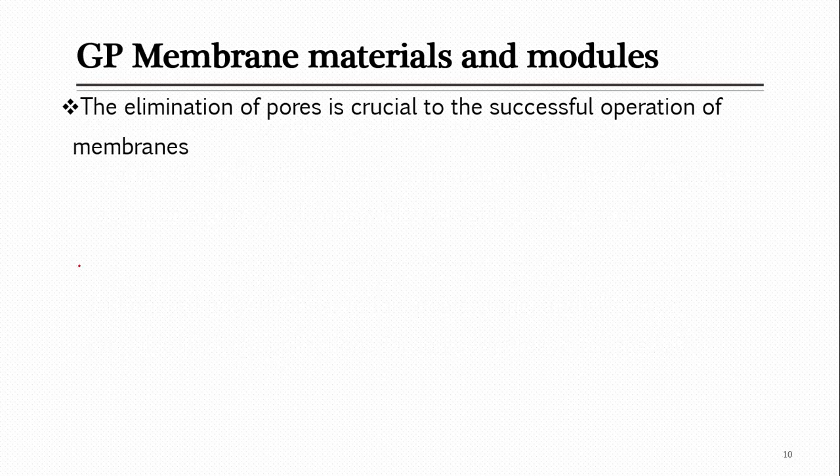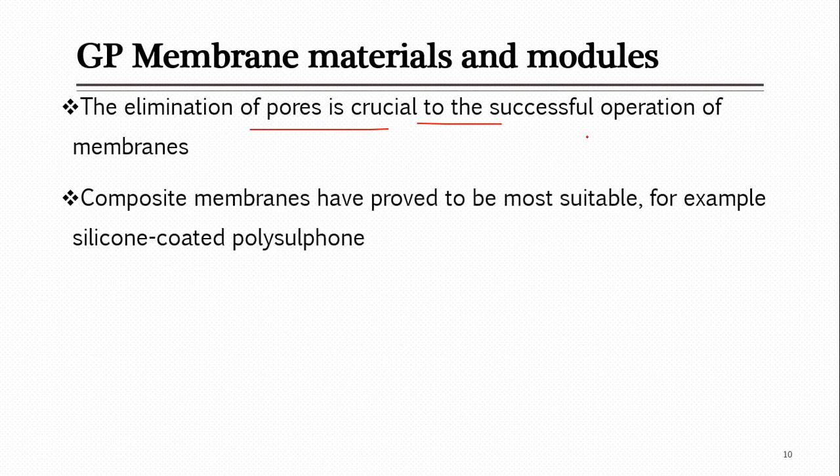As I was telling you, non-porous or dense membranes are the good selection for gas separation. So elimination of pores is crucial for successful separation. Sometimes, in order to avoid these pores, you use a composite membrane. Composite means it consists of two components.